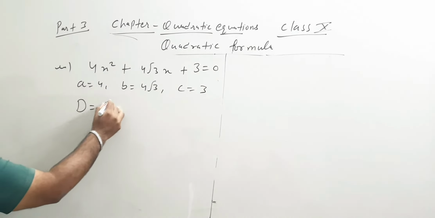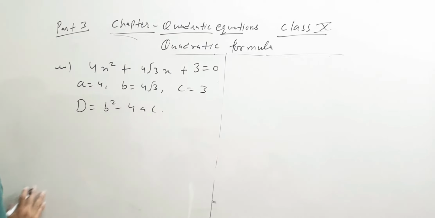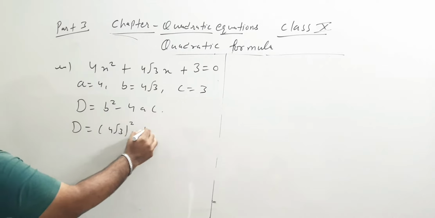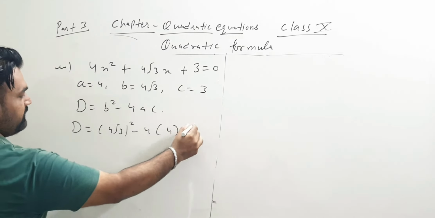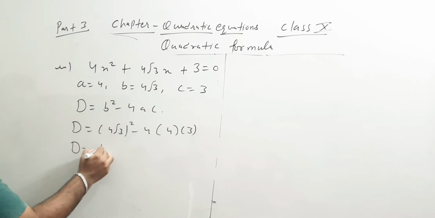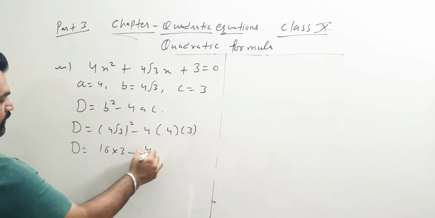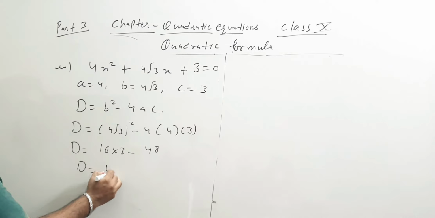So d equals to b square minus 4ac. So b square minus 4ac. So 16 into 3 minus 4 4s are 16, 16 into 3 48. So d equals to 48 minus 48, which is 0.